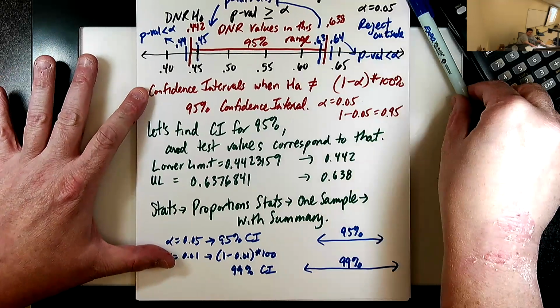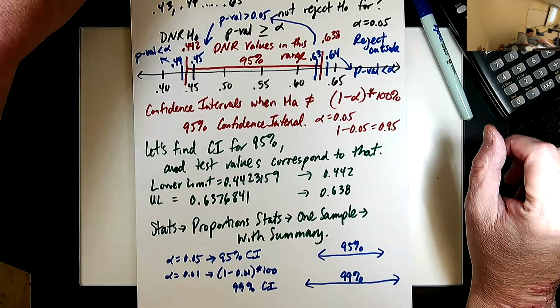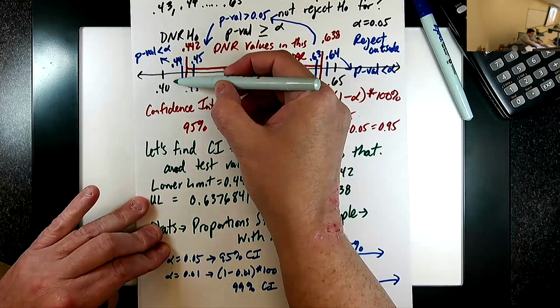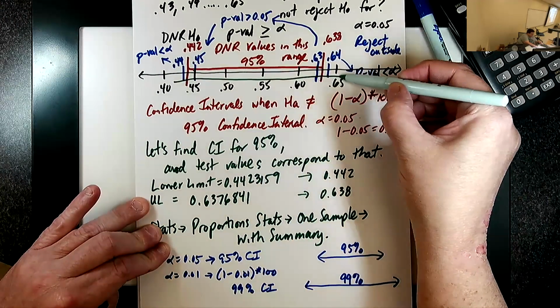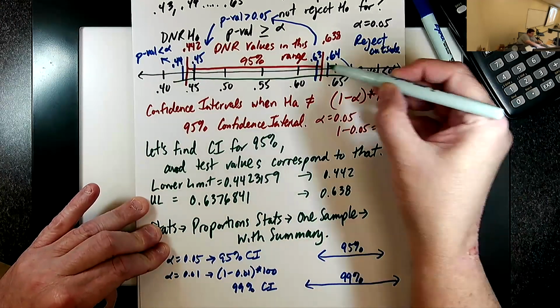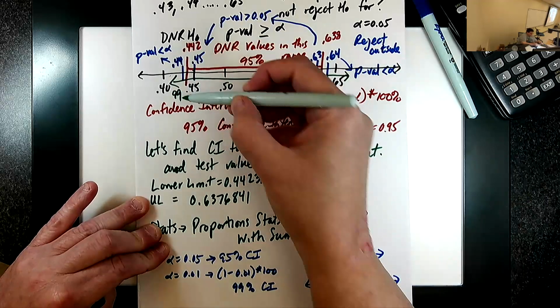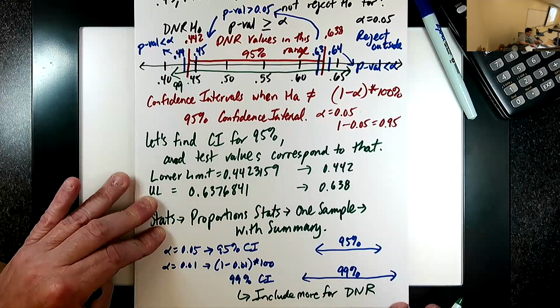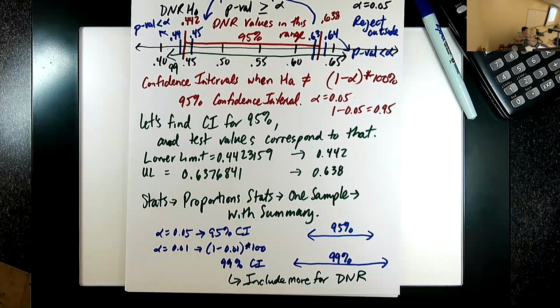So if it's wider, let's come up here and look at our number line. What does a wider confidence interval mean? It's going to include more values. It will include more values for do not reject. Does that make sense?